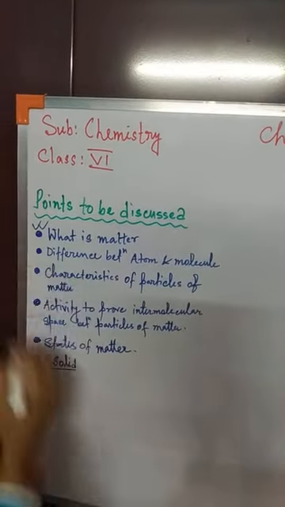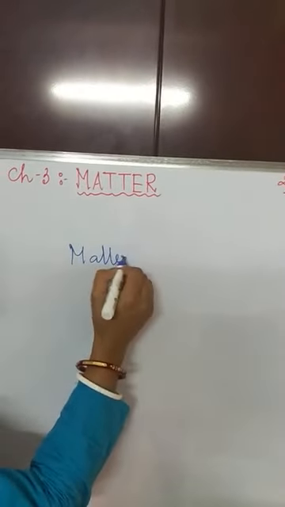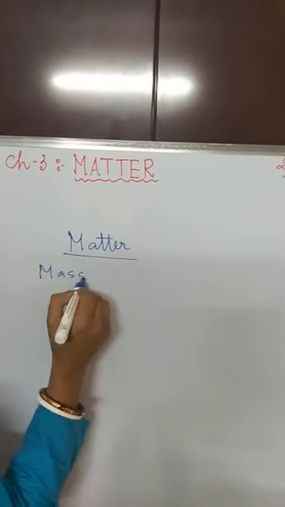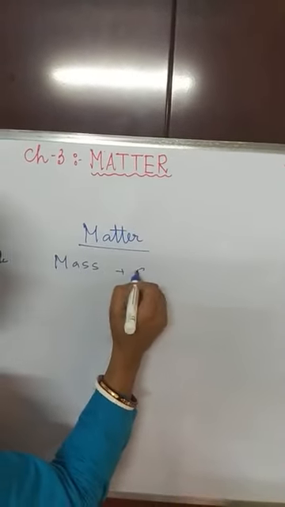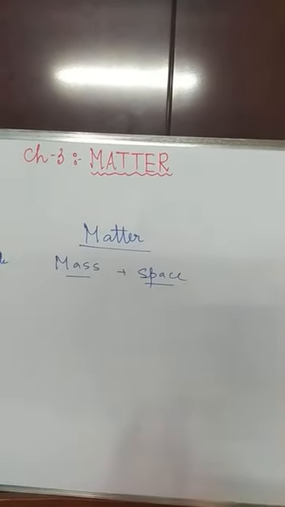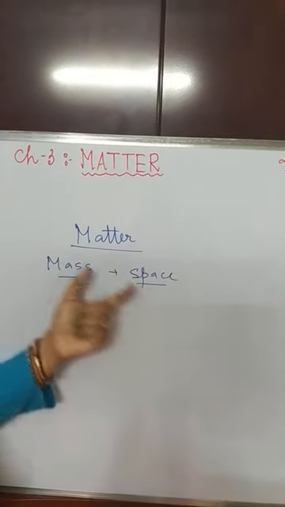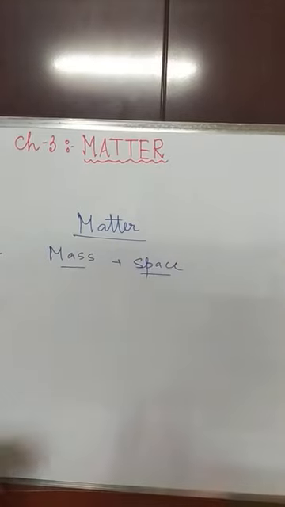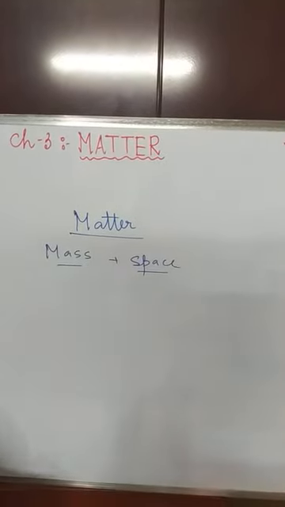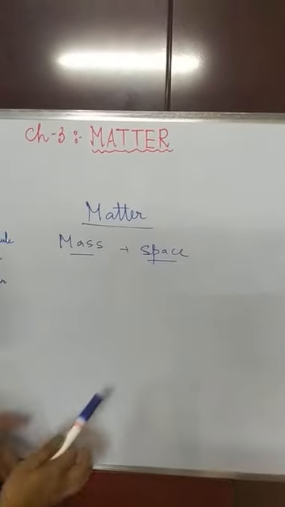What is matter? Matter is something which has some mass and which occupies some space. So these two things should be there in matter. It must have some mass and it will occupy some space. Many matters are there. Suppose the whiteboard which we are using, that is a matter.